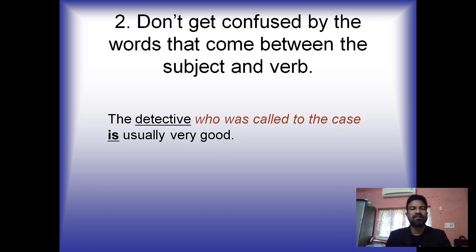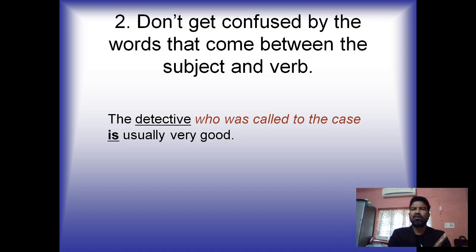See here in this sentence, the detective is the subject and is is the verb. The detective who was called to the case is usually very good. Between the subject and the verb, there are a few more words given: who was called to the case.